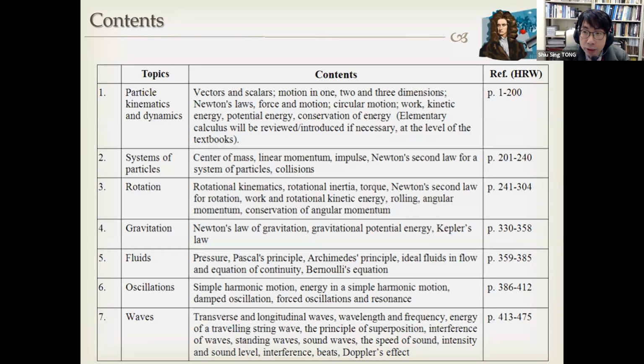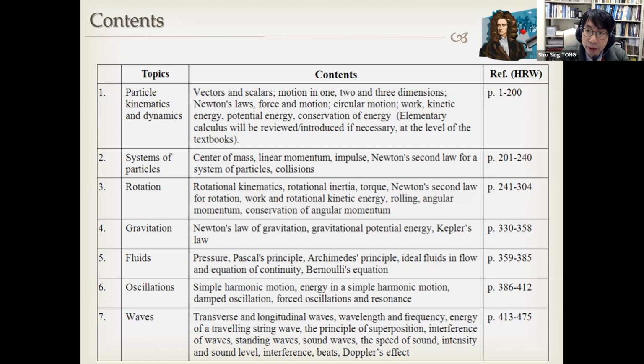You also have the concept of linear momentum and impulse, and you formulate Newton's second law in a form for a system of particles. And you deal with collisions, using the conservation of linear momentum to solve collision problems.